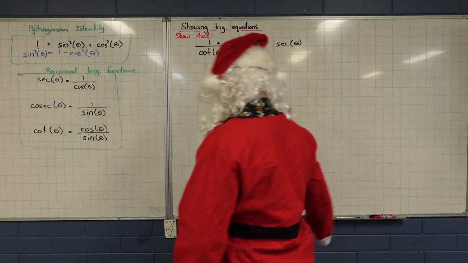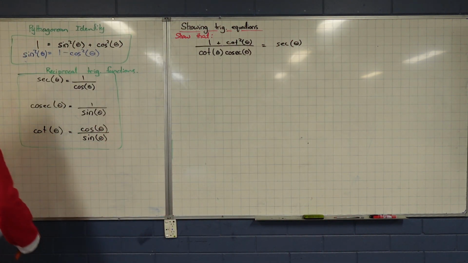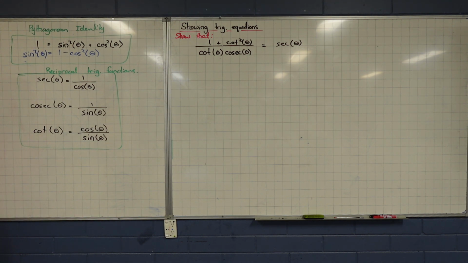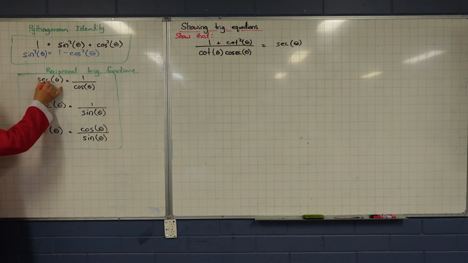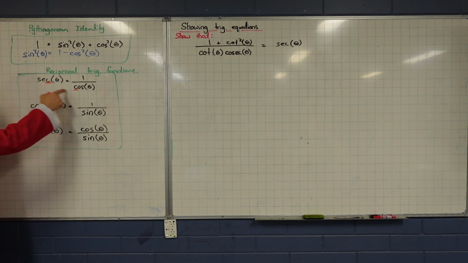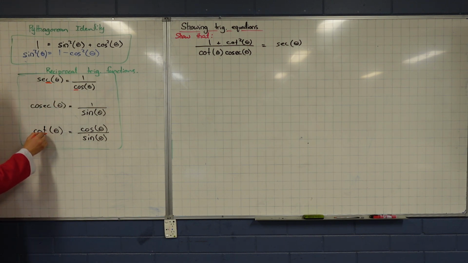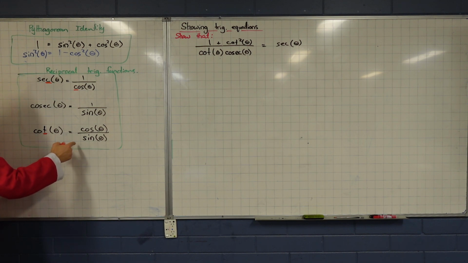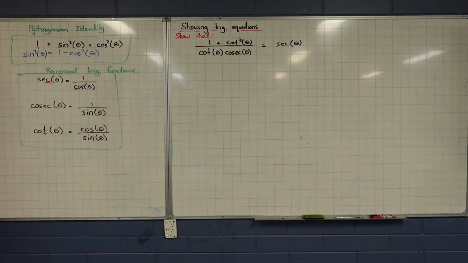These are a little bit tricky because they're 3 new functions to look at. The way I remember them is I look at the last letter of them and it aligns to the first letter. Secant is 1 over cosine. Cotangent is 1 over tangent.